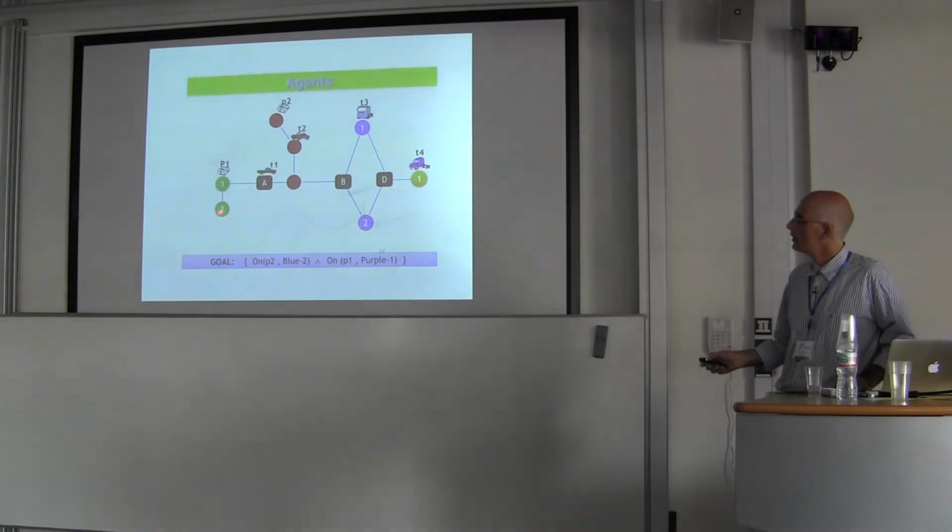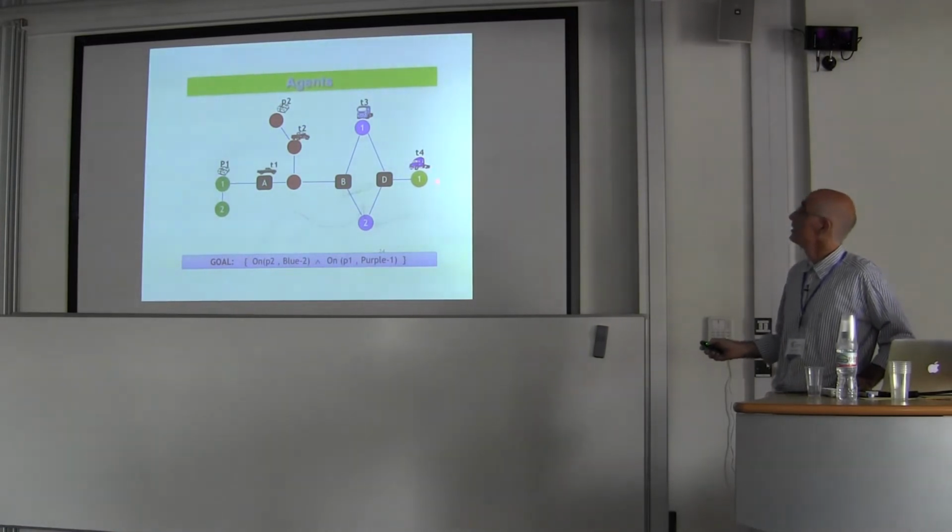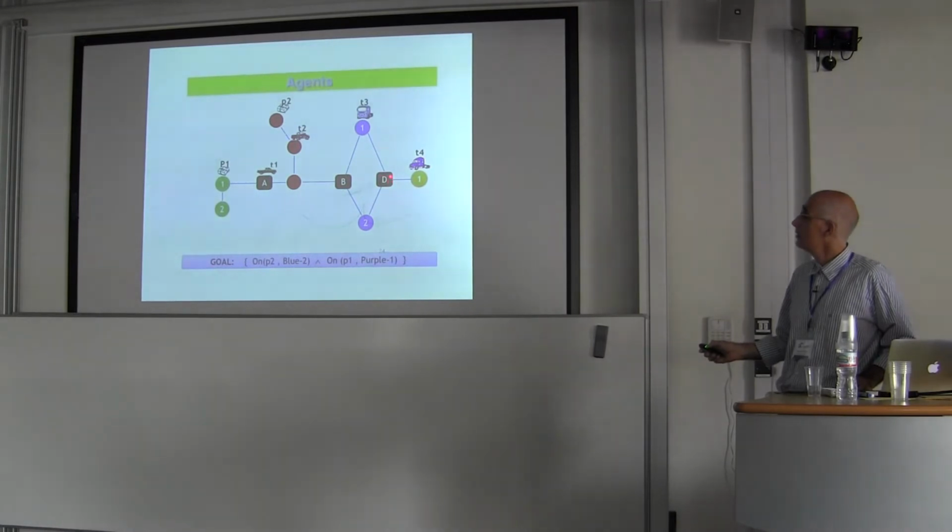So the green truck can be in green 1 and 2 and in A. The red truck can be in red 1, 2, 3, and A and B. The blue truck can be in blue 1, 2, B, and D. And I guess this is purple. The purple truck can be in purple 1 and in D.